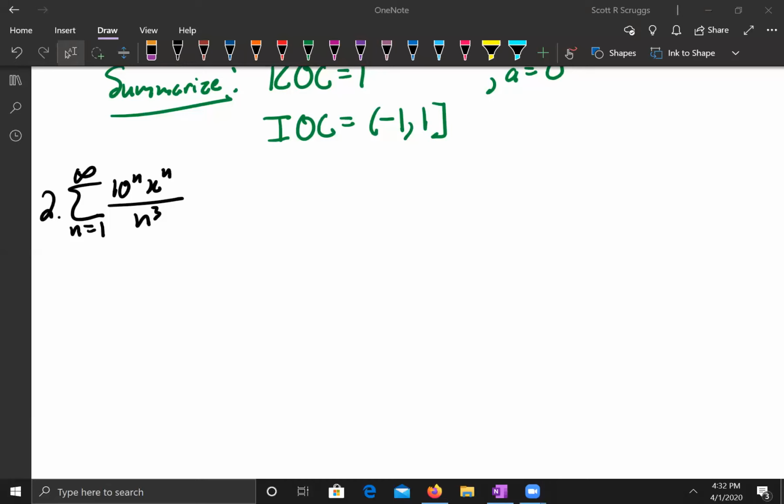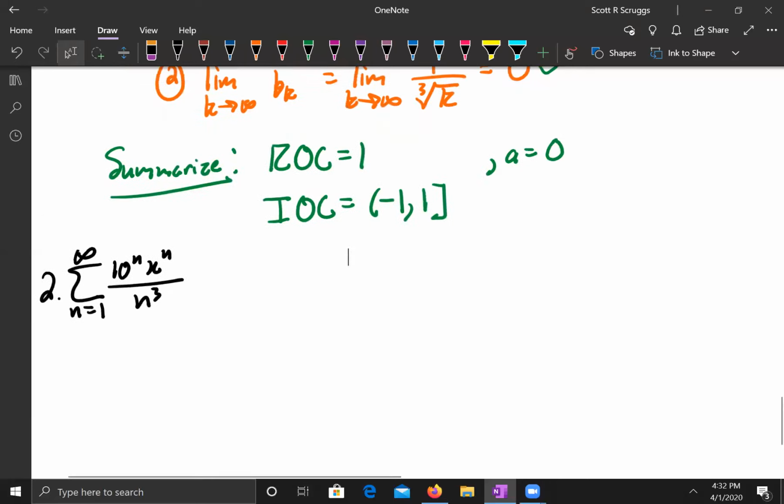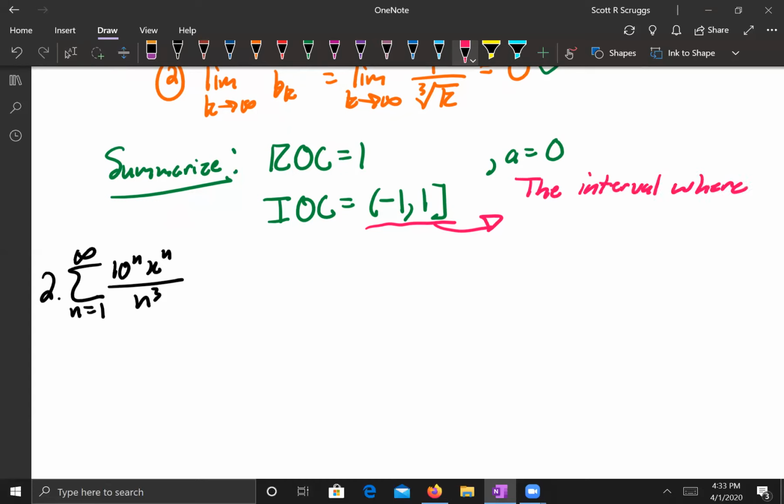So the reason why we do the interval of convergence, Anthony, is this tells us where the power series is convergent, not the interval. So what that interval tells me is the interval where the power series converges.